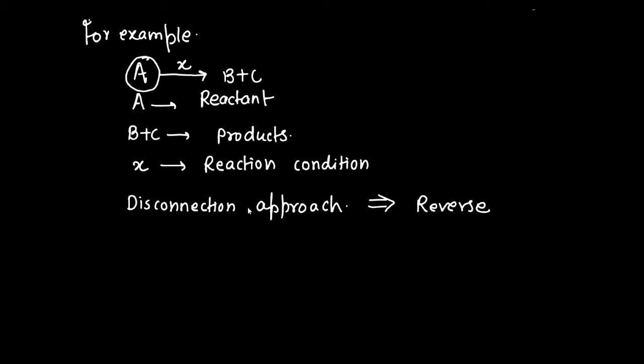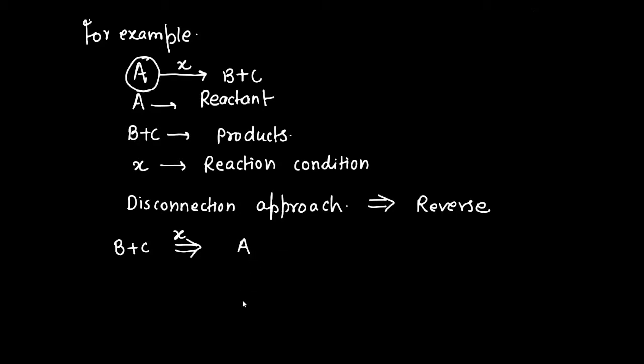So what do we have to consider? We have to consider the products B and C, and then think reversely so that we can achieve A. The idea is that we keep the same reaction conditions as when converting A into B and C. Similar reaction conditions we should keep over here when B plus C gives you A.